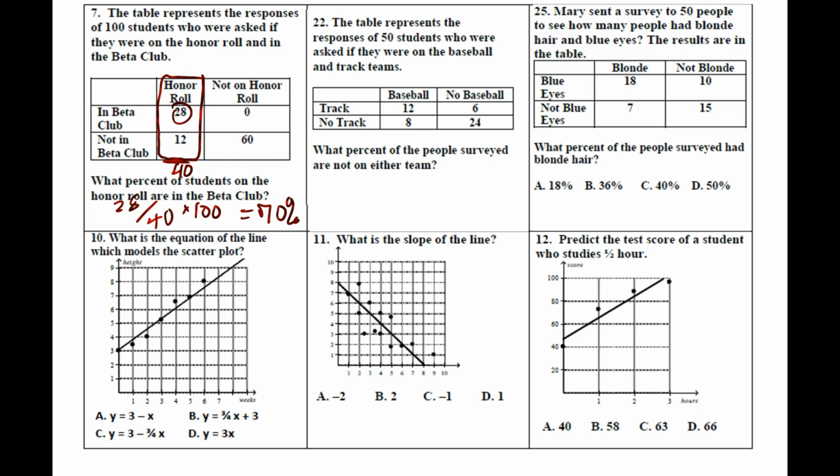We're talking about not on either, but it's out of everybody surveyed. So 8 plus 24, those are not on either, gives you 32, out of 32 plus 18, that's 50, times 100. 32 divided by 50 times 100 gives me 64%.